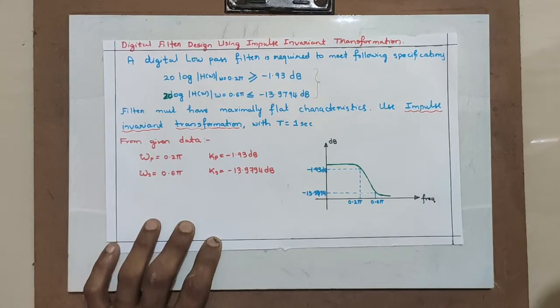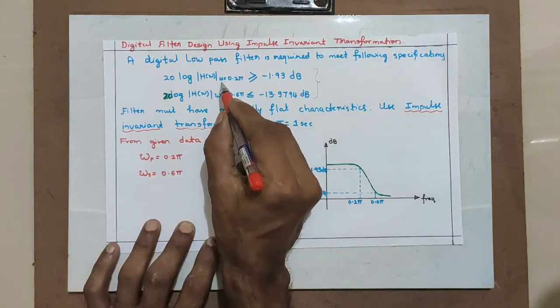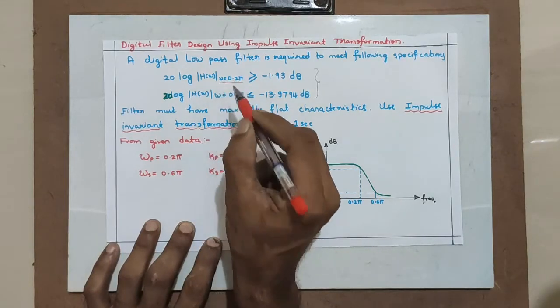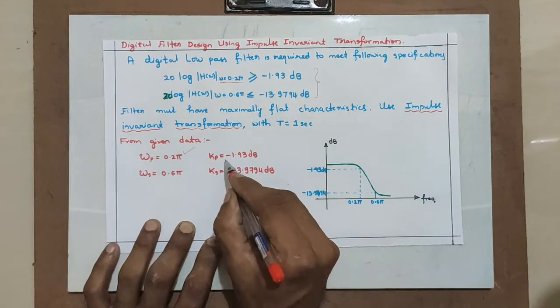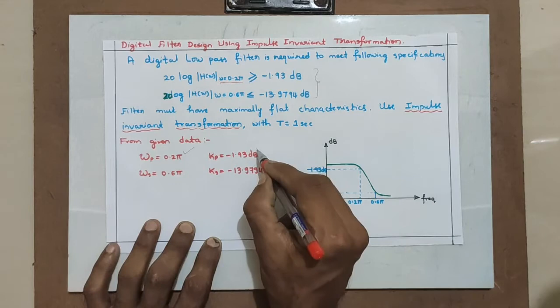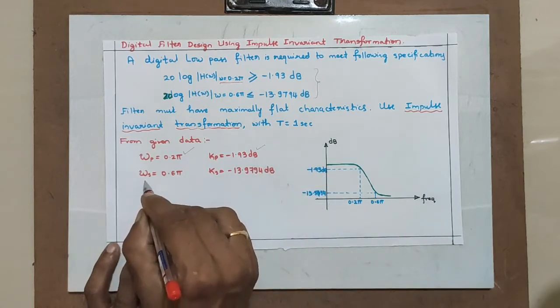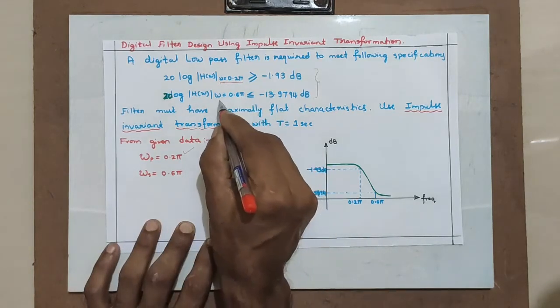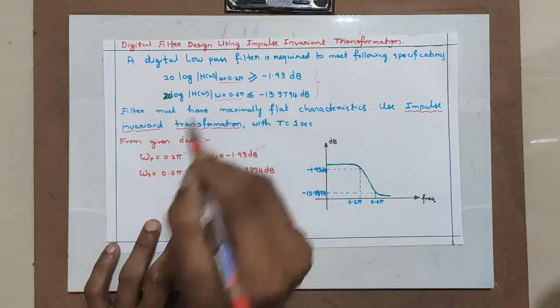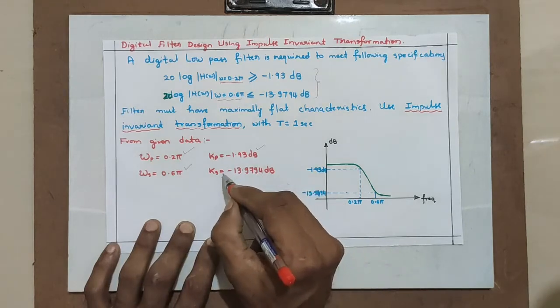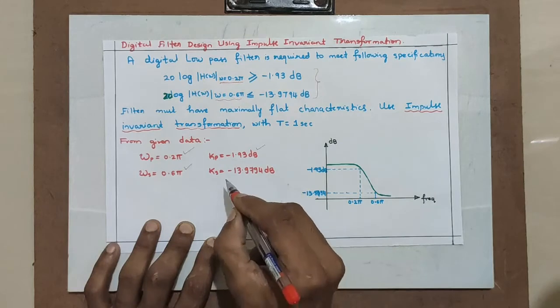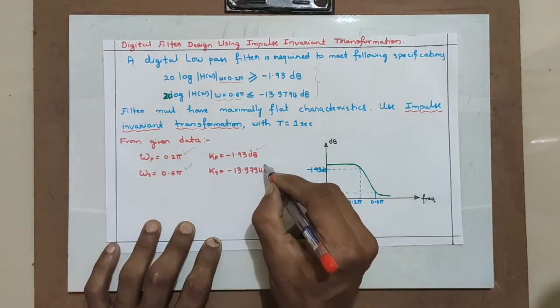You should be very accurate in recognizing them. Here omega p is recognized as 0.2 pi, and Kp is given as minus 1.93 decibel. Similarly, omega s is given as 0.6 pi, and Ks, the gain or attenuation in the stopband, is minus 13.9794 decibels.